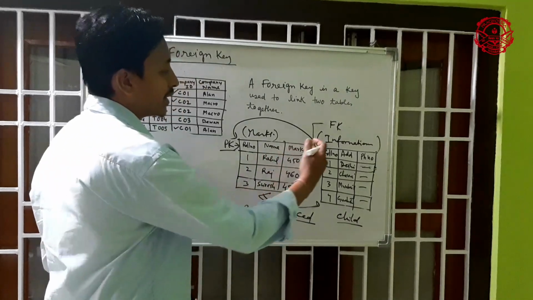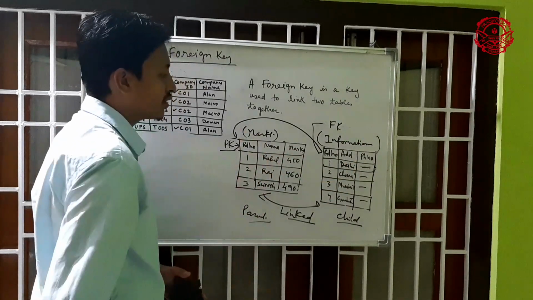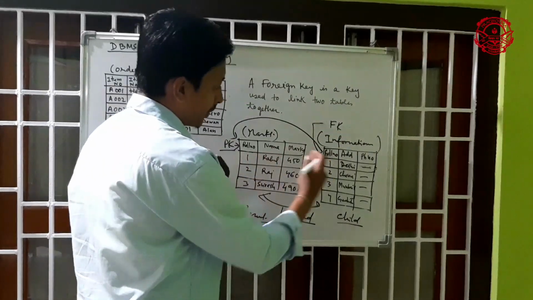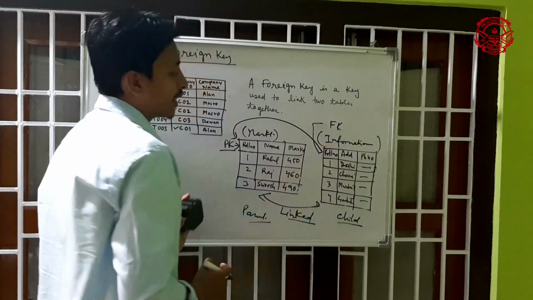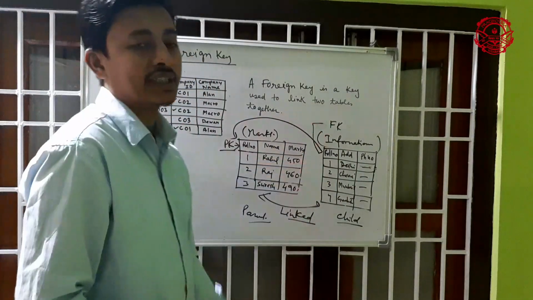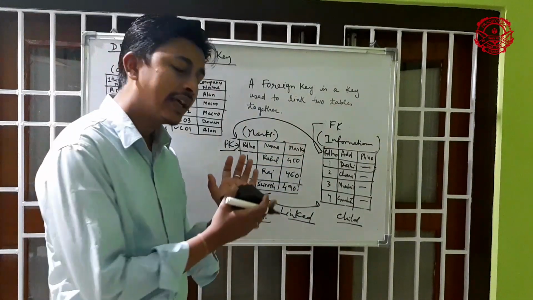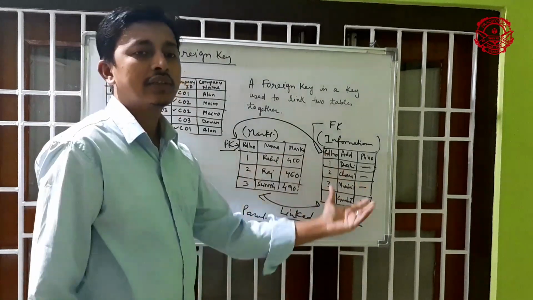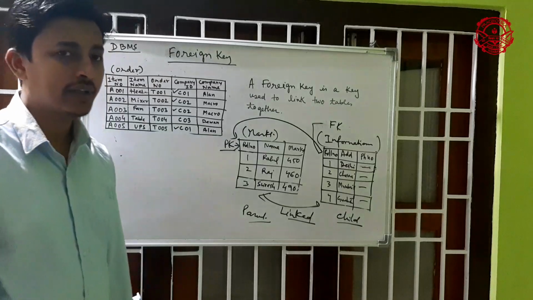If I want to get the information of student roll number 1, I can get it from these two different tables with the help of a foreign key. It is very important in databases. With the help of a foreign key, we can create a link between tables. So understand this thing, foreign key.